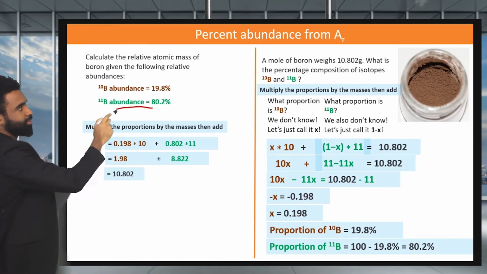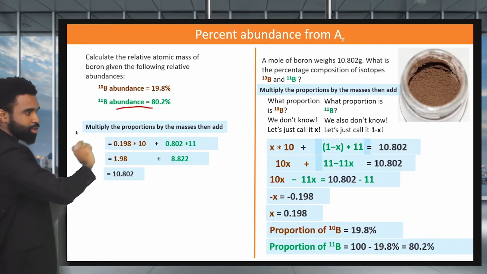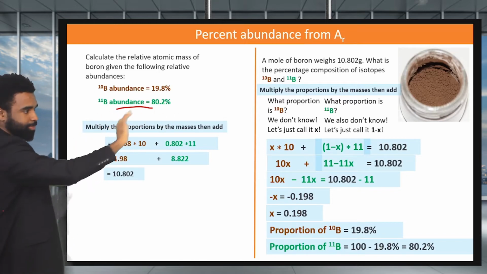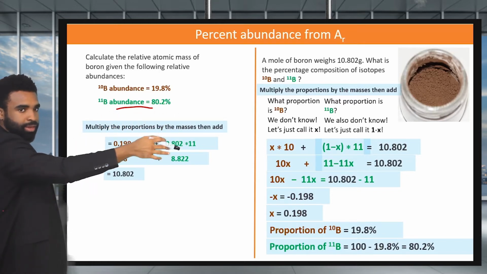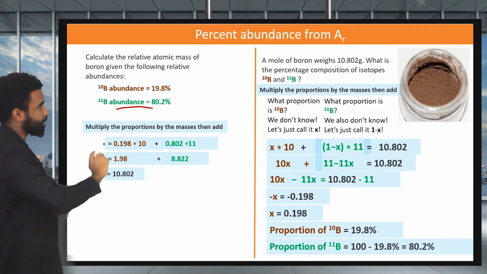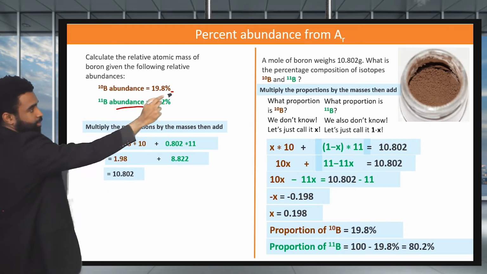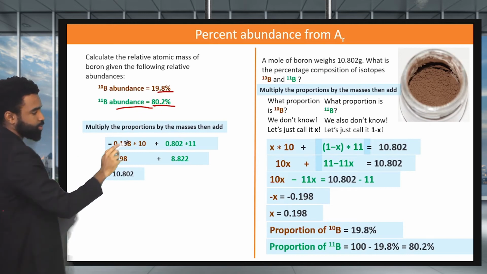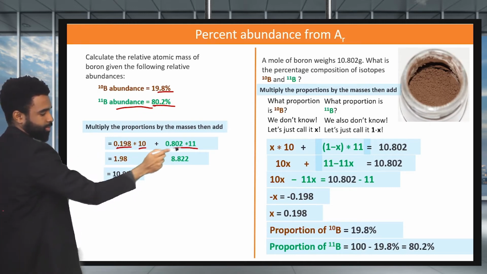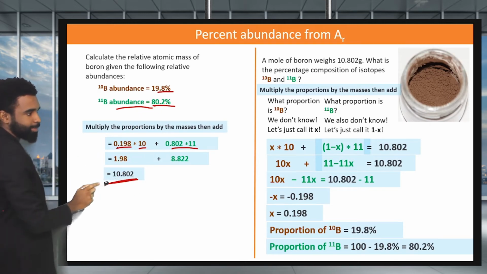So pause the video and note the relationship between what we're doing here and what we're doing here, which are flip sides of the same problem. Here, we are given the relative abundances, and we use those to calculate the relative atomic mass.